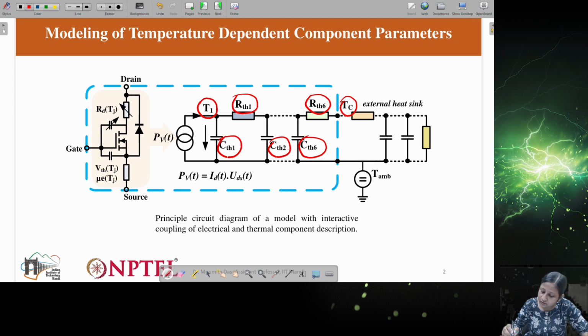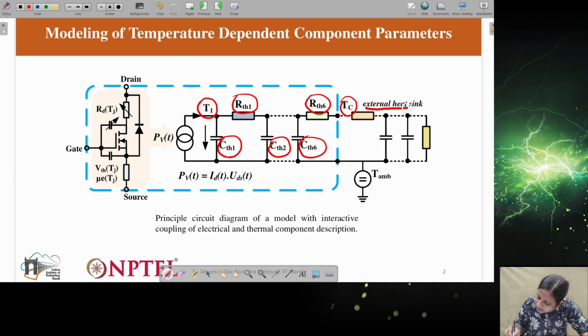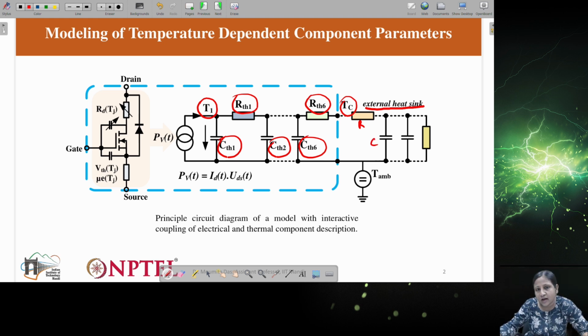Now what is a heatsink? The external heatsink is shown here. This is also a combination of, let's say, R and C. We can have different types of heatsink which will give us different resistance and capacitance, and based on that we can decide how much heat we can dissipate using this external heatsink.